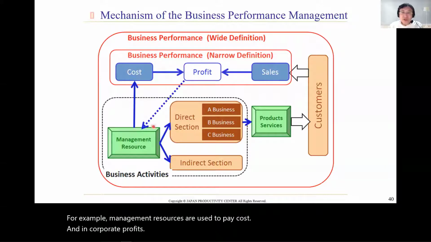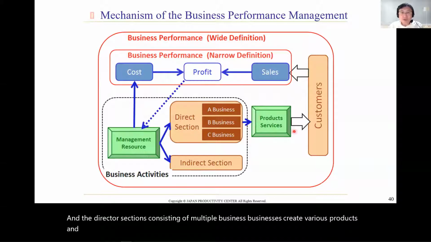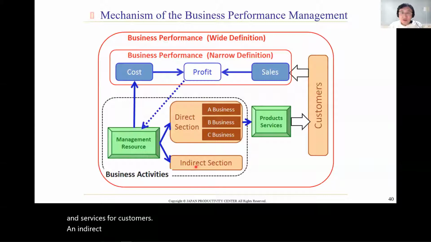And the direct sections consisting of multiple businesses create various products and services for customers. And indirect sections help direct sections operate smoothly. The results from all these activities are considered business performance in a broad sense.